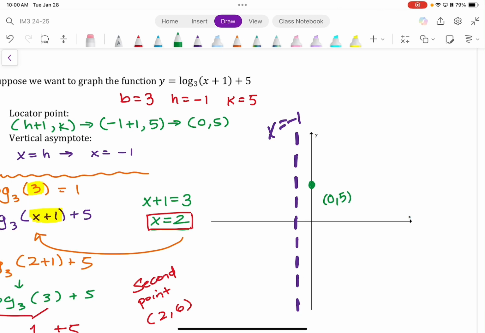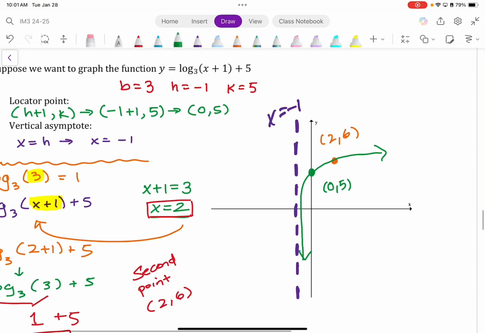And then our second point will be the point 2 comma 6, which will be over here. And so we're just going to connect the points now, which will give us the following shape.